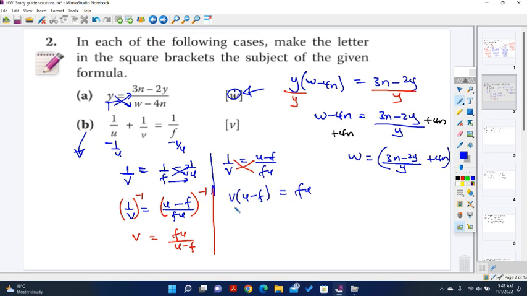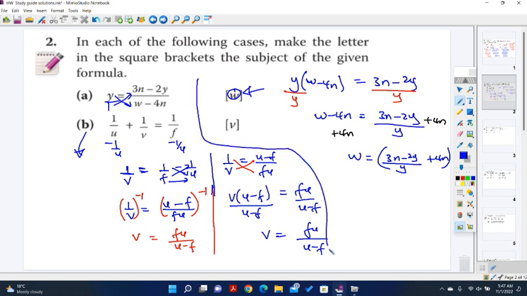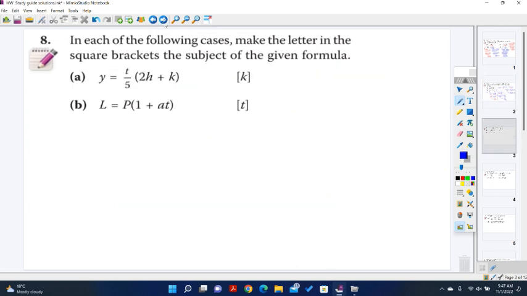If I want the v to remain on its own, I'll divide by u minus f, then I'll end up with v equals the same thing that I had in the beginning, but with just a few extra steps. So whichever makes sense to you is what you can go along with.